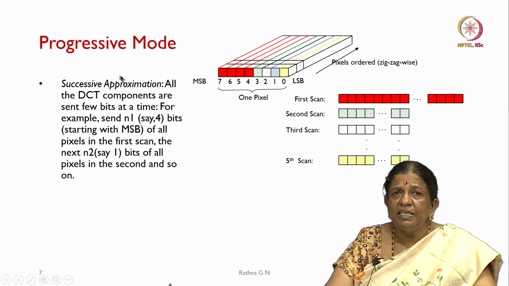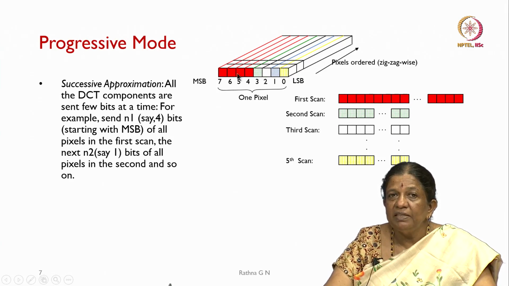As you can see, in the progressive mode with successive approximation, all the DCT components are sent a few bits at a time. For example, send n1, which says 4. You are seeing that these are the 4 pixels which are sent, starting with the MSB of all pixels in the first scan. The next, n2, in this case only one bit will be sent, that is the complete length of it.